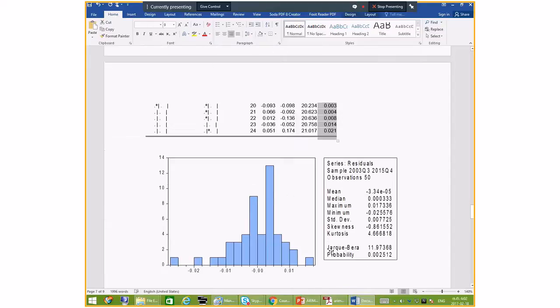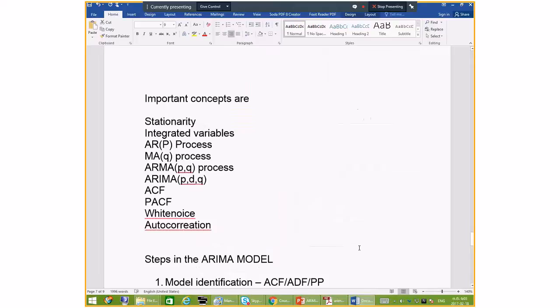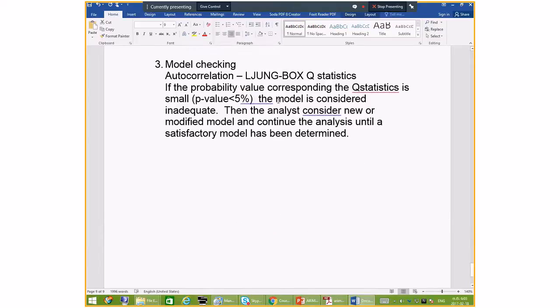Also, the Jarque-Bera test shows no normality. Then the model is considered inadequate, and the researcher considers a new or modified model and continues the analysis until a satisfactory model has been determined.